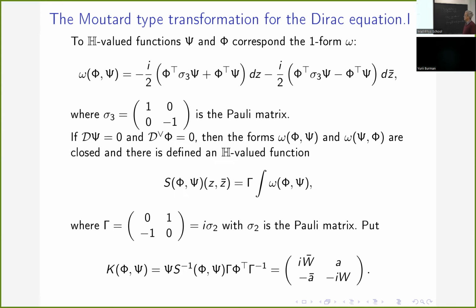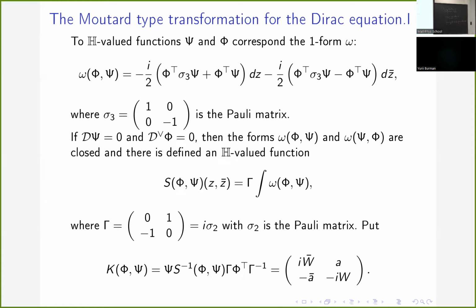If psi and phi satisfy these two Dirac equations, then these forms omega phi psi and omega psi phi are closed, and there is a defined H-valued function. Here gamma is another of the Pauli matrices multiplied by i. So these are the formulas.